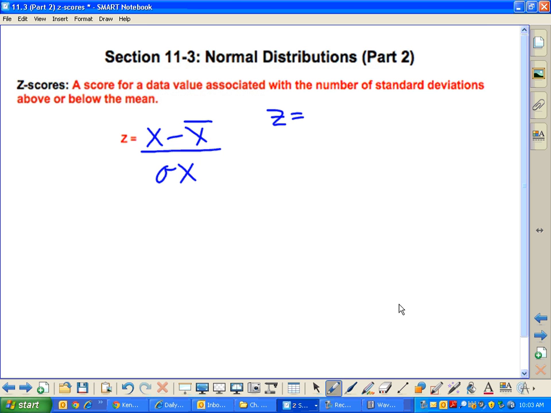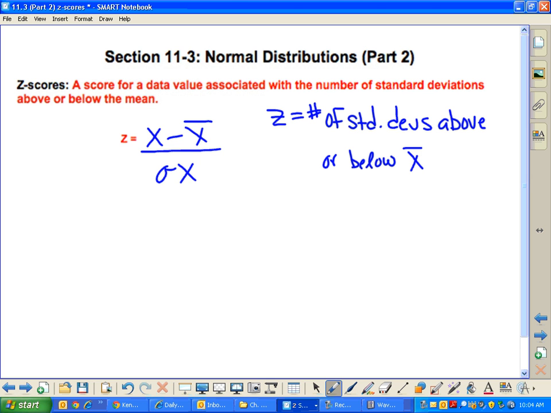Z is a number of standard deviations above or below the mean.